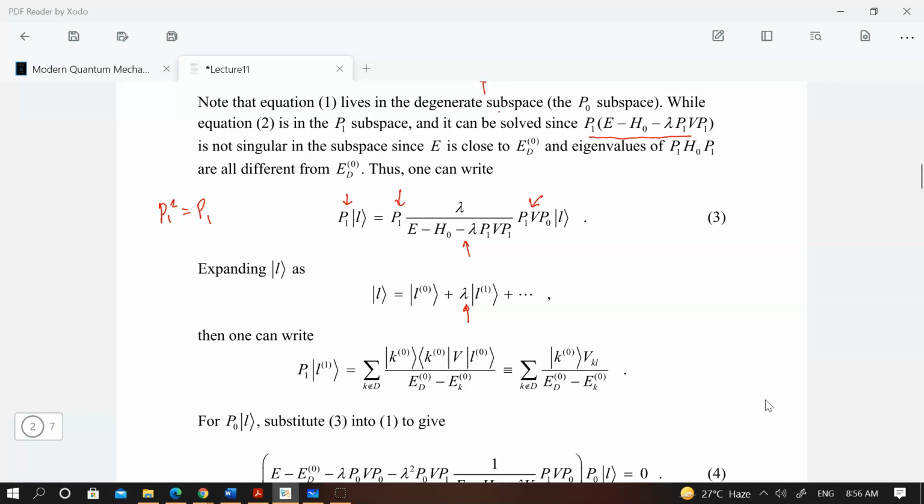And then you use P1. Missing something here, lambda is coming from here and also here.